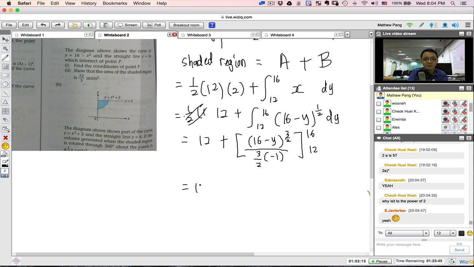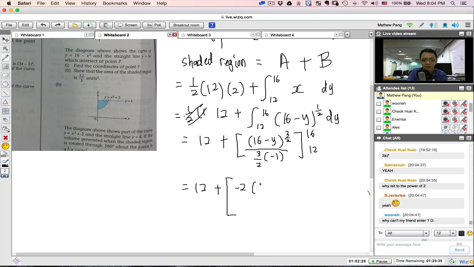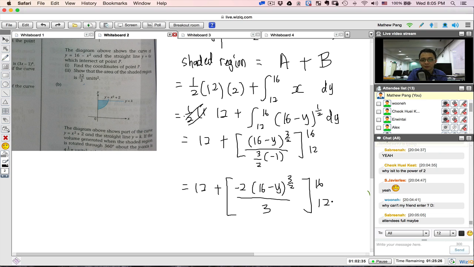So I just simplify: maybe you can write it like this. You can write negative 2, and then (16 minus y) to the power of 3 over 2, over 3, from 12 to 16.